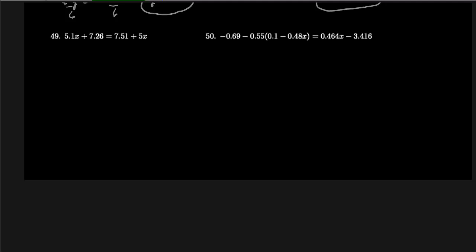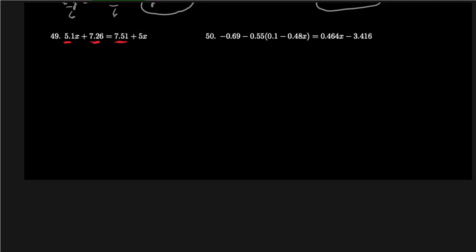Multiply by 100 moves it 2 places to the right, 1,000 3 places, and so on. So you can see when we look at these numbers here, we see the 5.1, the 7.26, and the 7.51. The most number of places that we have to move the decimal to get rid of them is 2.